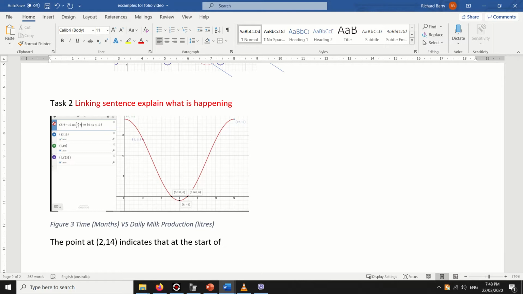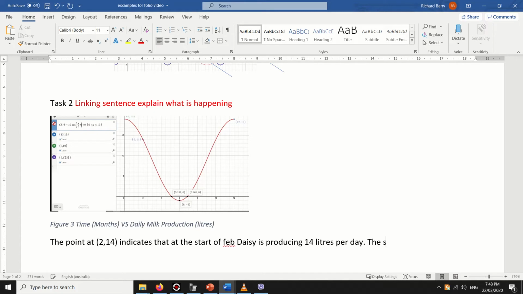February? Daisy is producing 14 litres per day.